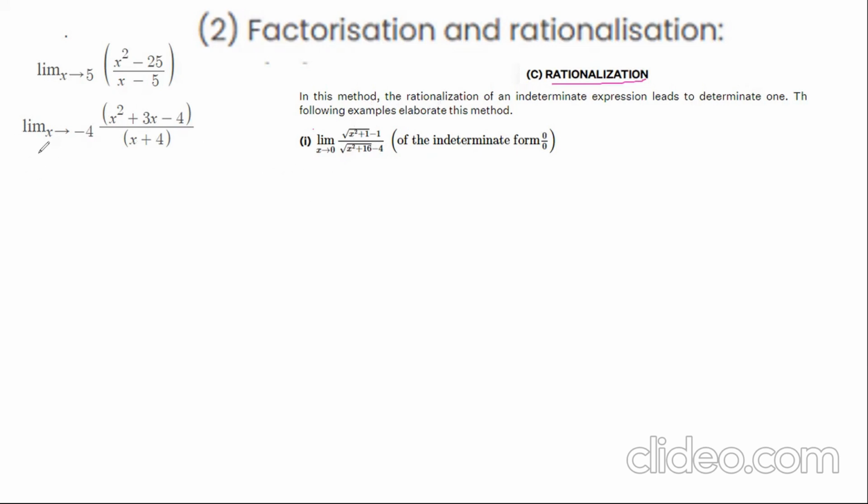What is that? Limit x tends to 0, root of (x square plus 1) minus 1 by root of (x square plus 16) minus 4.